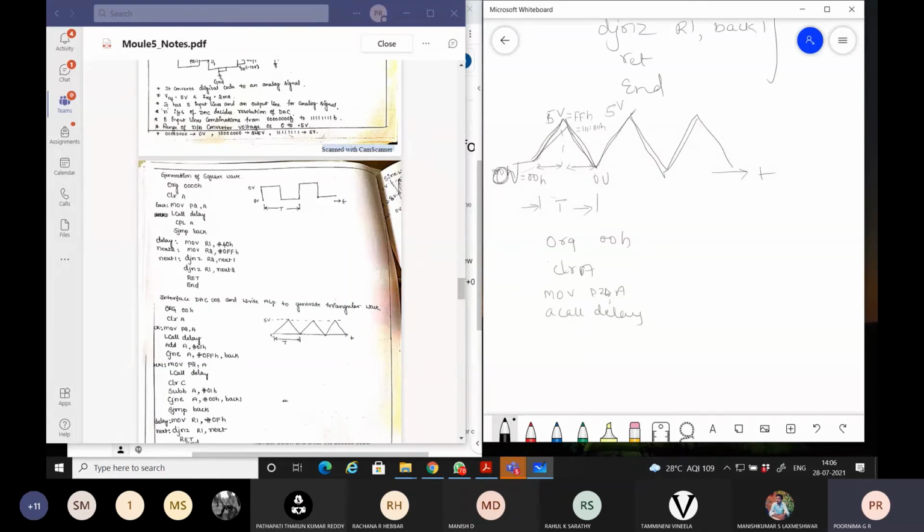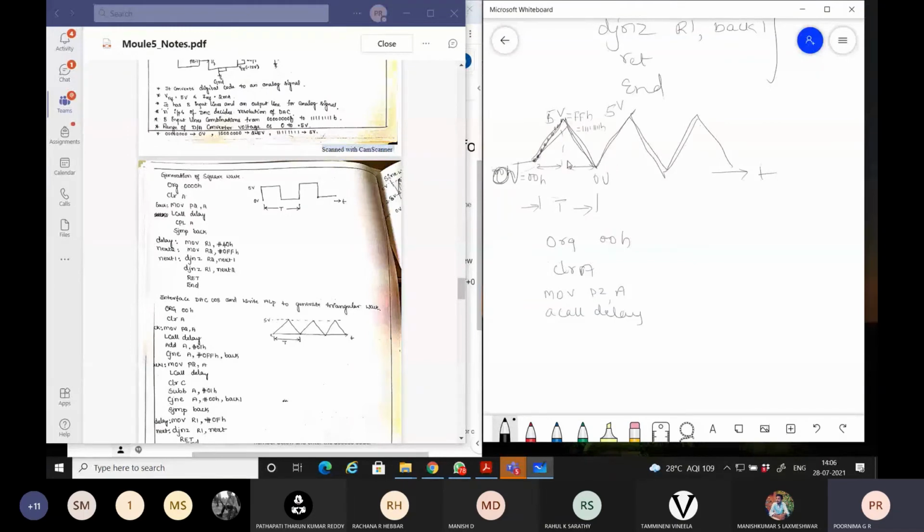Afterwards, you have to go for a call delay. A small delay you will be providing because between one sample and another sample, like this 250 samples you will be considering. So all will be closely spaced because this time division is very small. Hence this type of dot dot dot you cannot observe. Instead of that, you will see it as continuous.